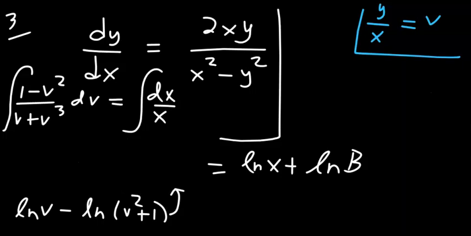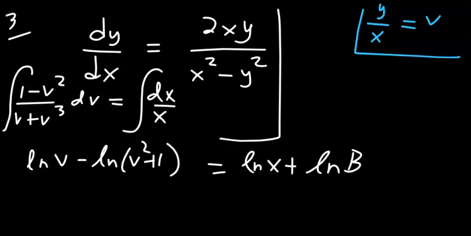So let's rewrite this on top. Natural log of v minus natural log of v squared plus 1. We can combine the left-hand side logarithms into one logarithm, natural log of v over v squared plus 1.